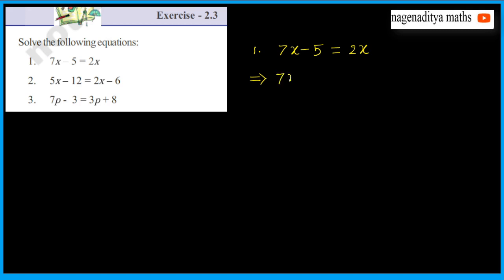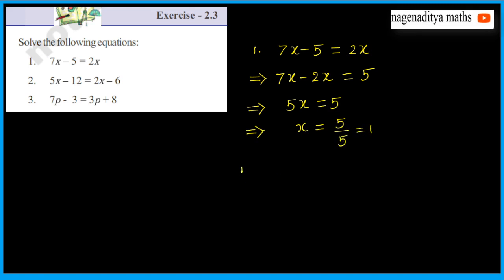That is 7x minus 2x is equal to plus 5. So this implies 7x minus 2x is equal to 5x. So 5x is equal to 5. So this implies x is equal to 5 by 5. So this is equal to 1.